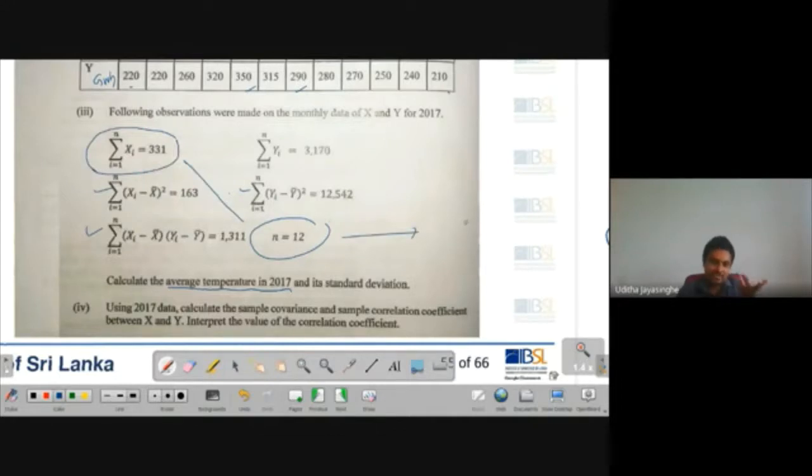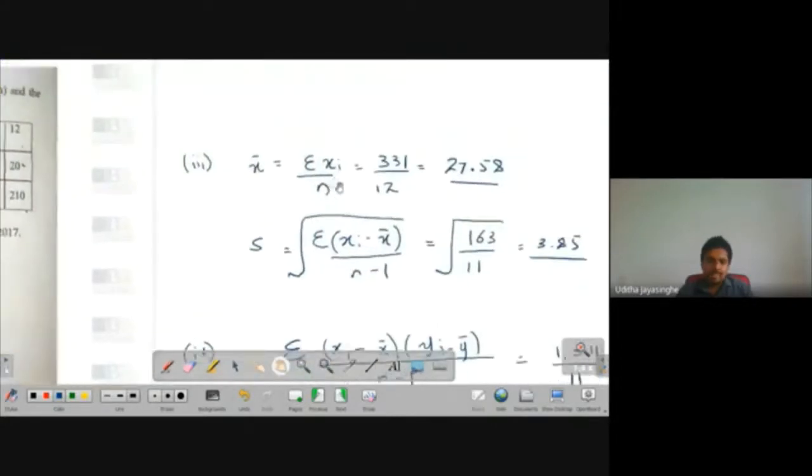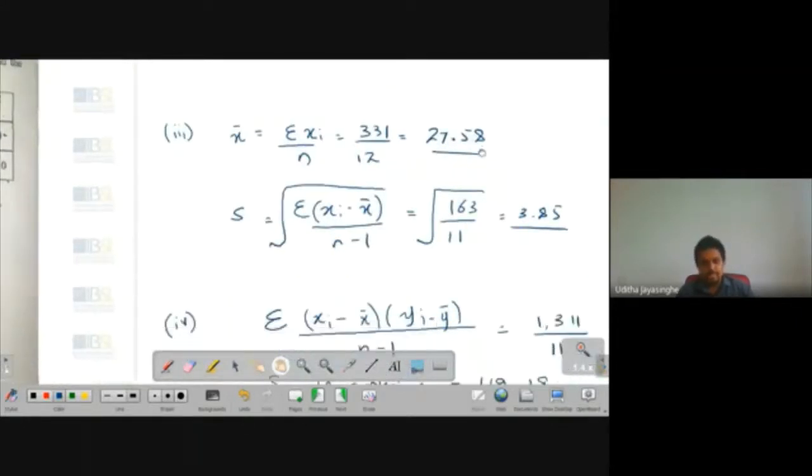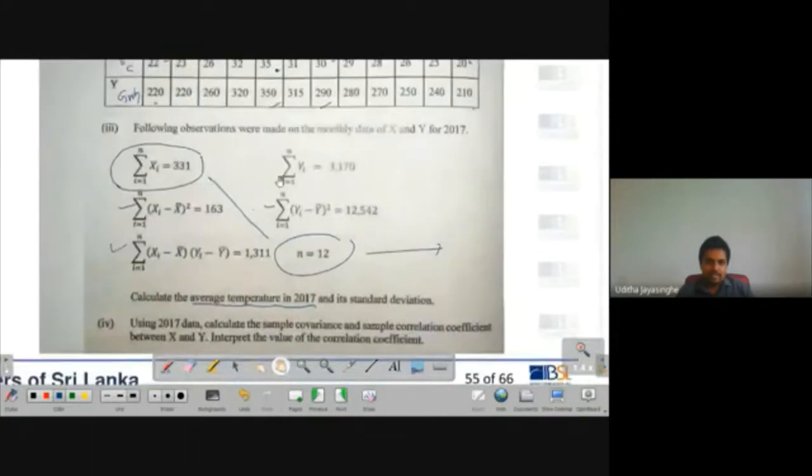X stands for the monthly average temperature. It asks for the average temperature in 2017 and its standard deviation. So the first part is nothing but sigma xi divided by n, which is going to be 27.58 as my answer. 331, where is this coming from? 331 is here.